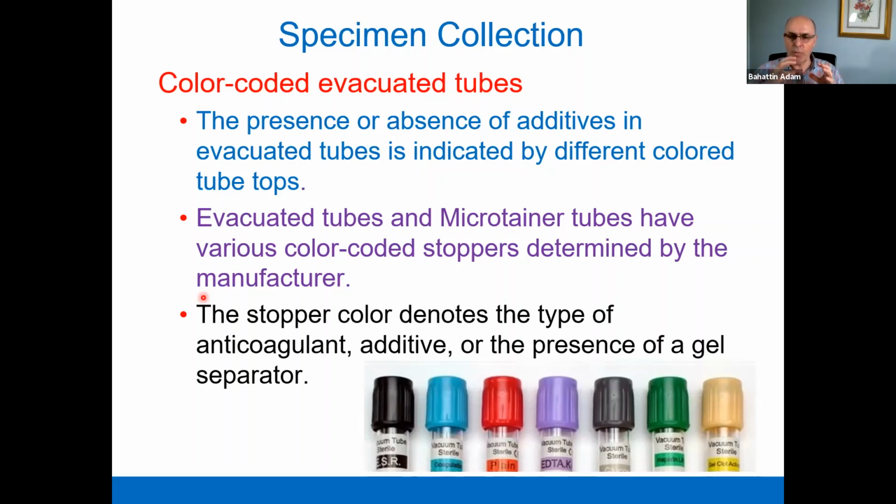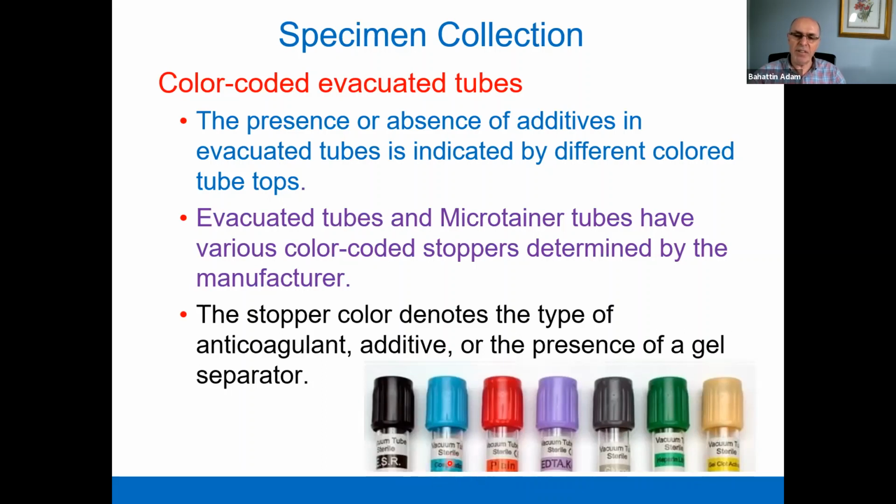Evacuated tubes and microtainer tubes have various color-coded stoppers, determined by the manufacturer, and this stopper color denotes the type of the anticoagulants and additive or the presence of the gel separator. As you may notice, on some test tubes, you also have enough information.